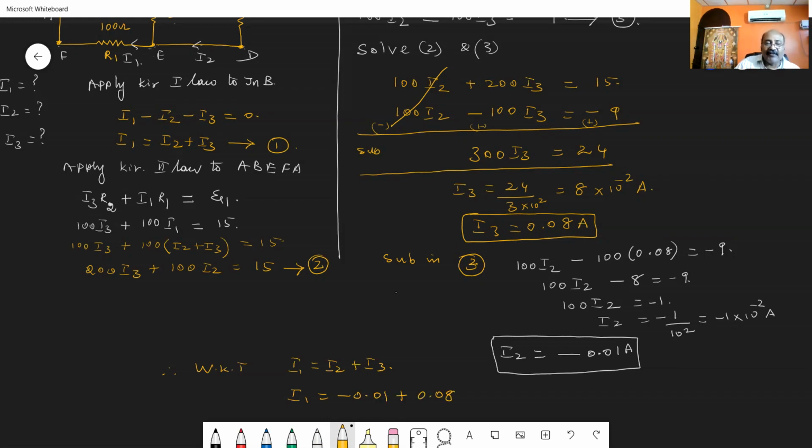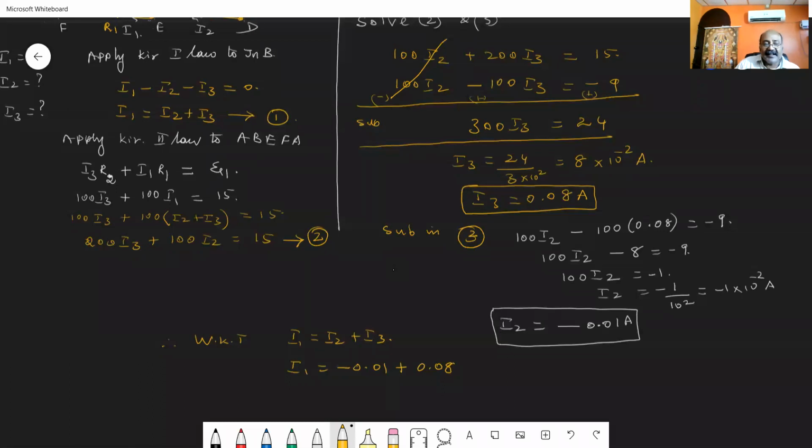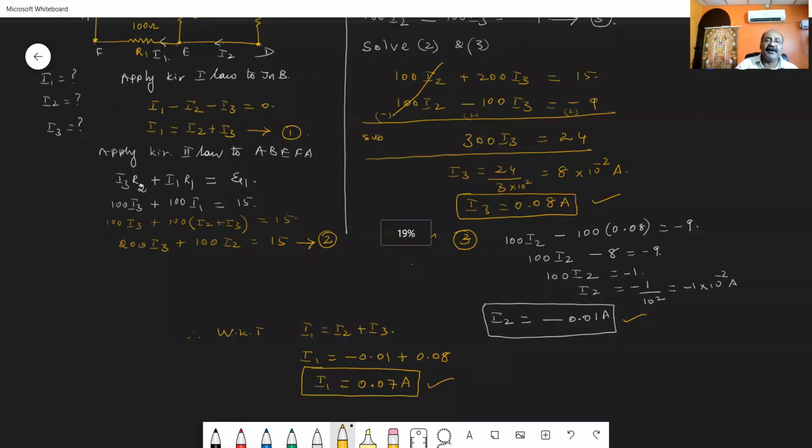The value of I1 will then be 0.07 ampere. So I got the three answers: I1 is 0.07 ampere, I2 is minus of 0.01 ampere, and I3 is 0.08 ampere.